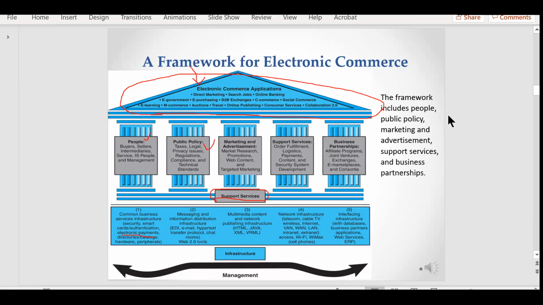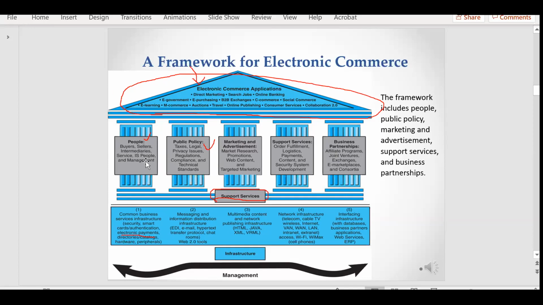If you look at the whole e-commerce, these are the frameworks that have to be in place. Without this framework in place, there will not be electronic commerce, so it's very difficult to form. If you want to have electronic transactions, there must be some proper methodology and infrastructure in place.